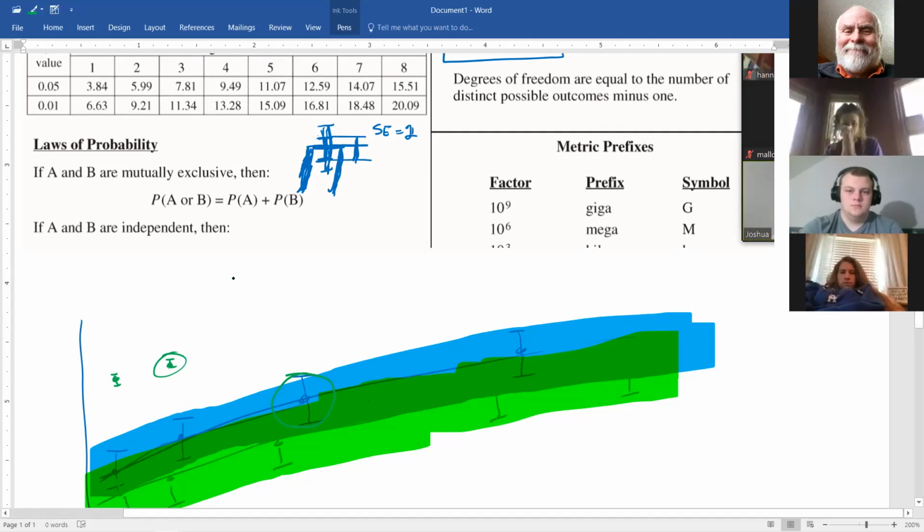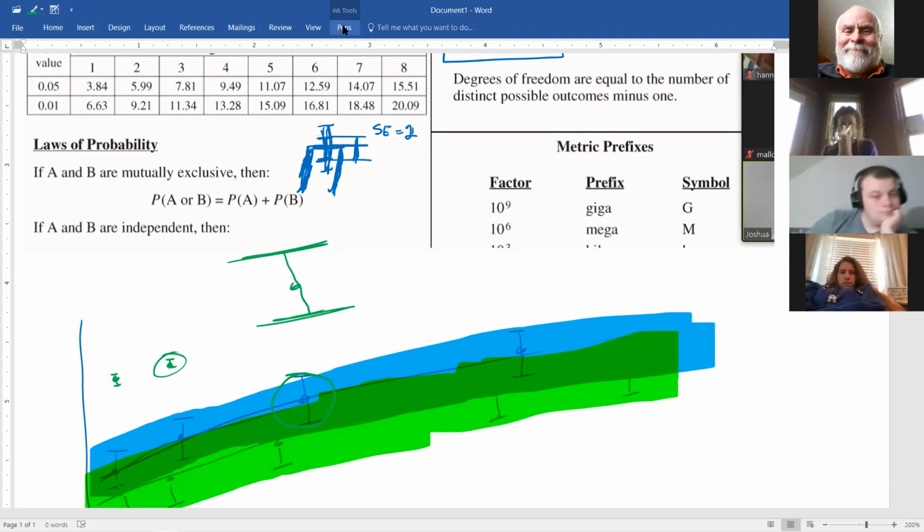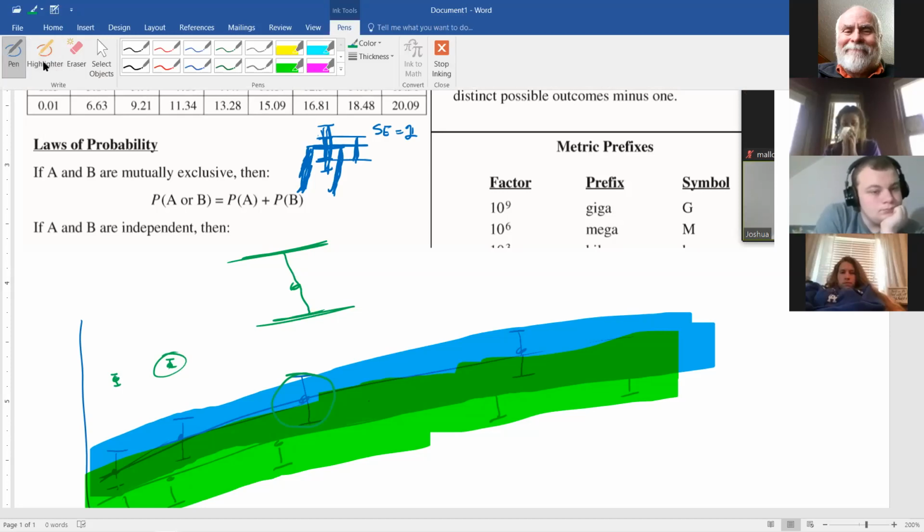But the definition of significant is, when you come to a graph, if the error bars overlap for two sets of data, okay, let me say it slightly differently.